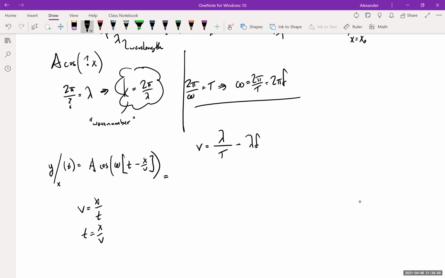Cosine is an even function. And in this particular case, I think there's a good reason to switch this for our intuition, but it's convention. It is the convention that we use to write this.